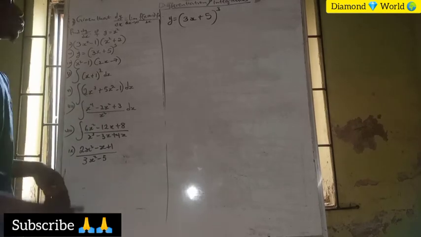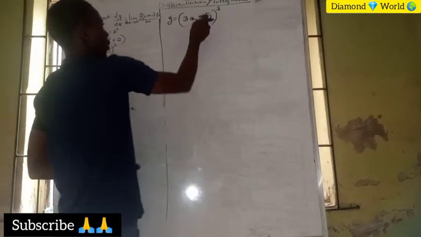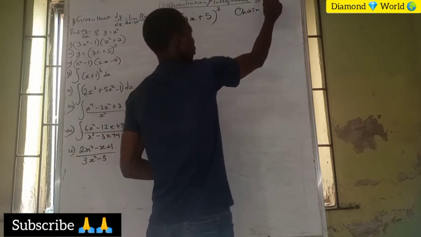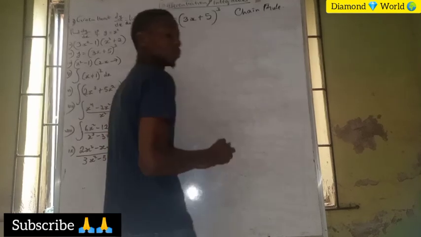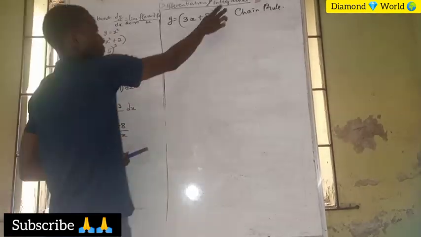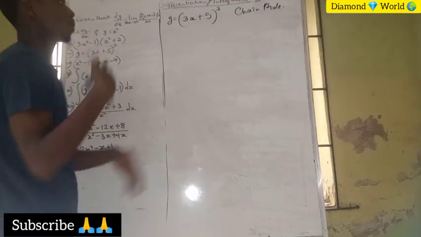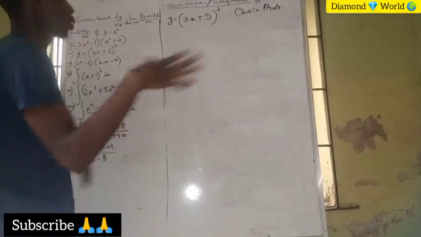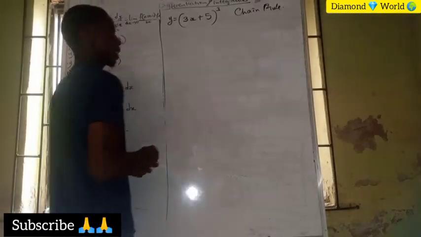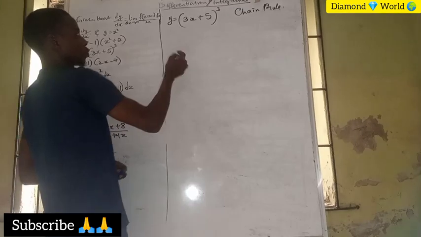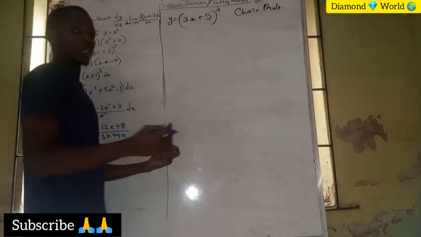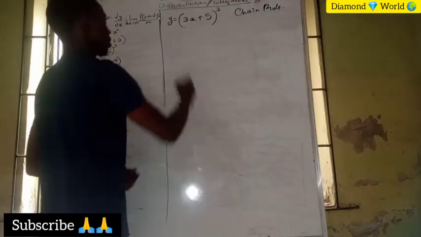Now, one of the ways to do this is the chain rule. If we were to multiply, continuing to open brackets, it will take a long time. But for us to do it very fast and easy, my answer should just be 9 into bracket 3x squared raised to power minus 2. But because I want to show you guys how I got that, let's see.